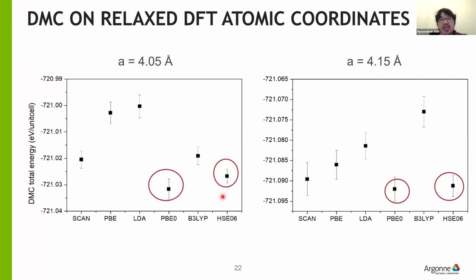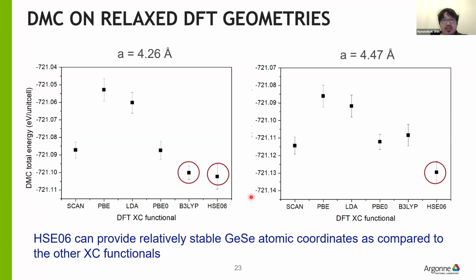It shows that some geometries from these hybrid functionals are energetically stable among the DFT functionals. And with the additional lattice parameter results, we show HSE can provide relatively stable germanium selenide atomic coordinates as compared to the other exchange correlation functionals, with minimized DMC energies compared to the other geometries.